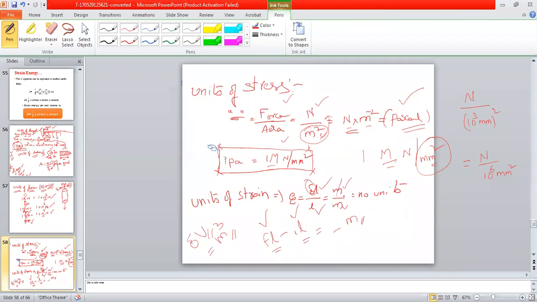Therefore meters and meters will be cancelled. The strain has no units. Sorry, here it will be a -3, somewhat -3.